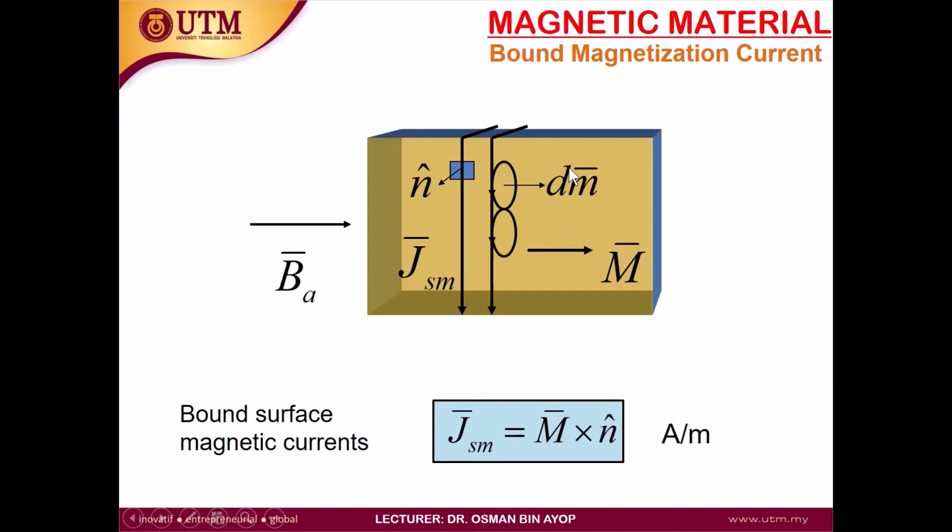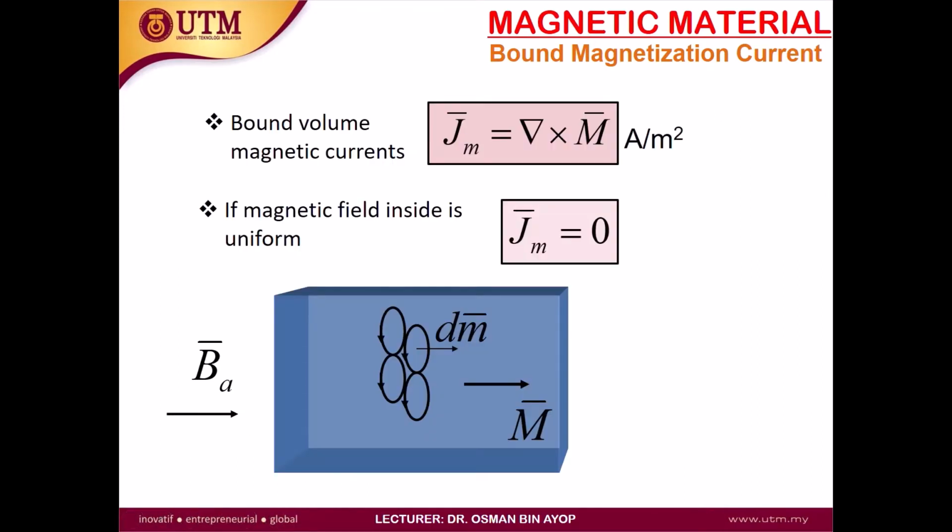When we analyze this kind of structure, we find that something is formed in the material, which we call the bound surface magnetic current. The symbol is JSM, defined as the magnetization cross product with a unit vector normal to the surface, and the unit is also ampere per meter.